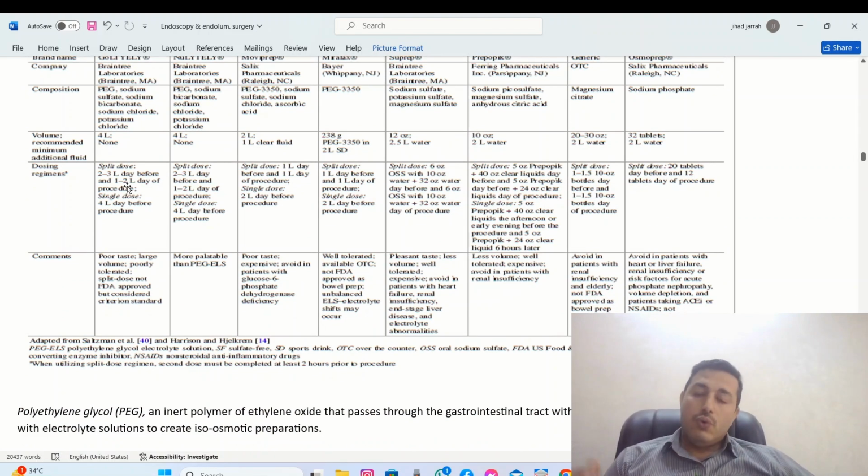Dosing, we will see that we divide this 4 liters into 2 or 3, mainly 2 doses, so it has proven efficacy regarding the quality of the bowel preparation and the patient tolerance. So we can take these 4 liters, 2 liters the day before the procedure and 2 liters on the day of the procedure.